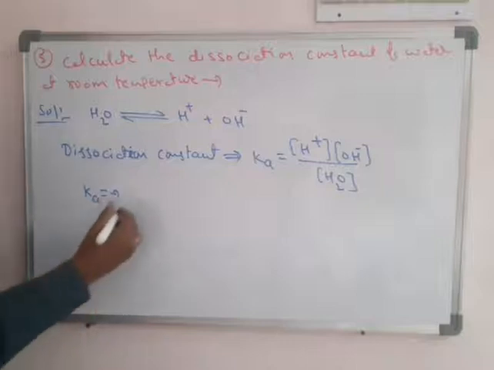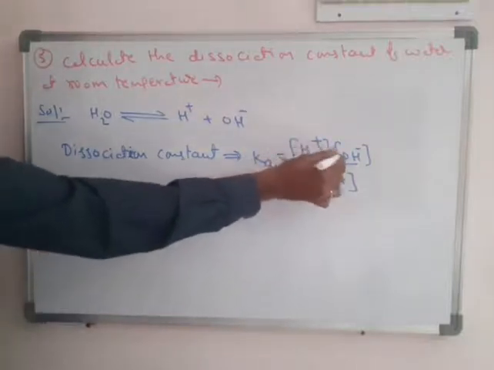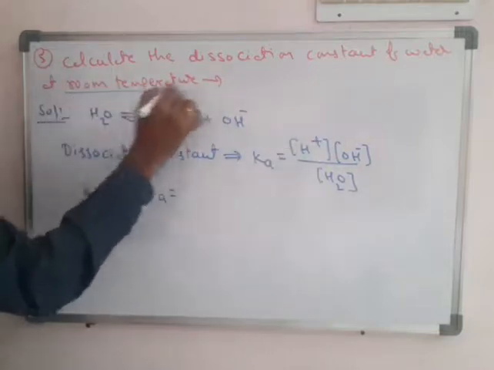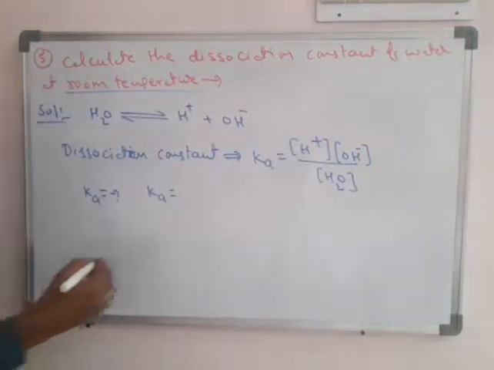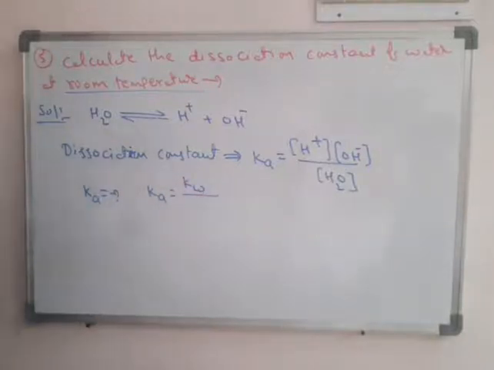Substituting this, Ka equal to H plus into OH minus at room temperature. So what is H plus into OH minus? We can write Kw by the H2O concentration.